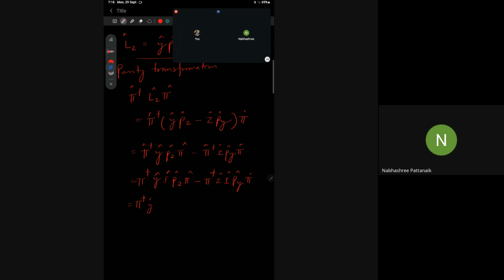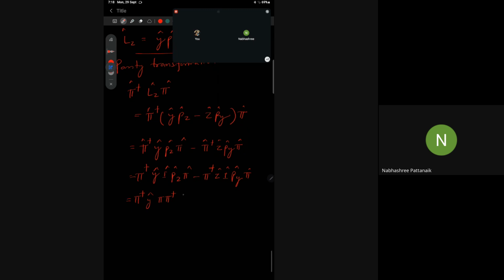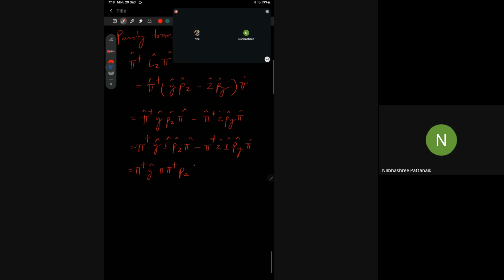Since pi is a unitary operator, I can write it like this. So I simply have pi dagger y pi into pi dagger pz pi, minus pi dagger z pi into pi dagger py pi.